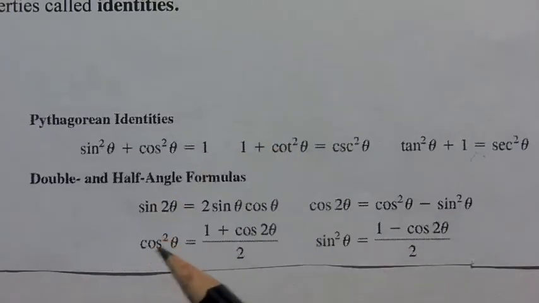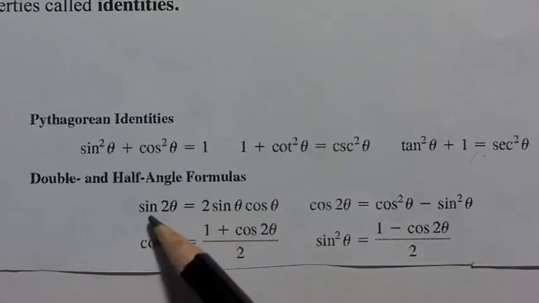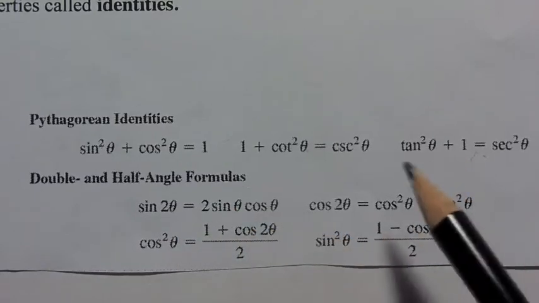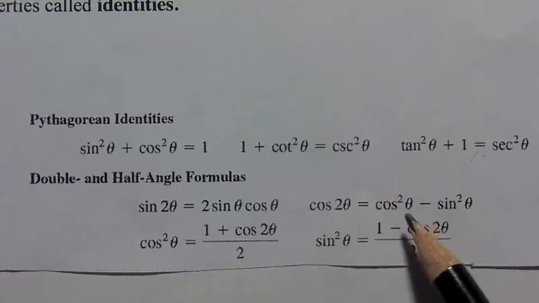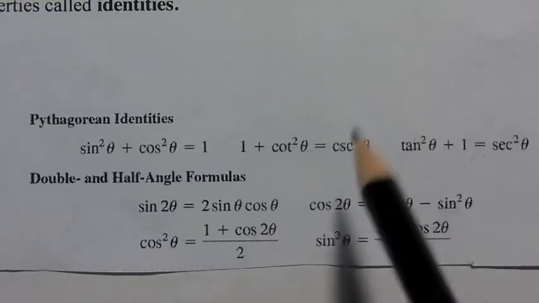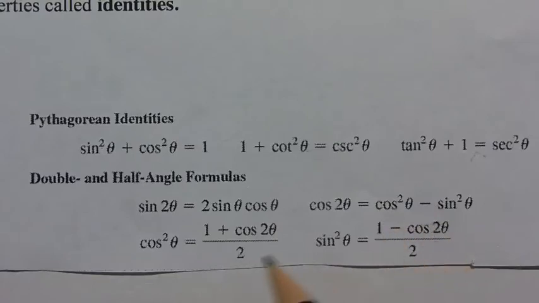Basically, sine of 2 theta is 2 sine theta cosine theta. Cosine 2 theta is cosine squared theta minus sine squared theta. And you can play around with this one to get these two down here. Cosine squared theta you can rewrite as 1 plus cosine of 2 theta all over 2. And sine squared theta you can rewrite as 1 minus cosine of 2 theta all over 2.